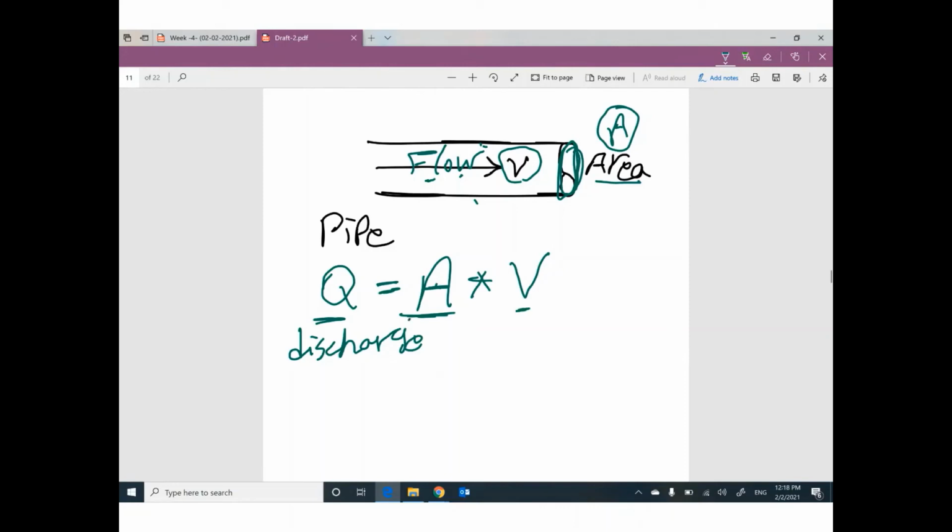And this discharge, which equals area times v, is constant.